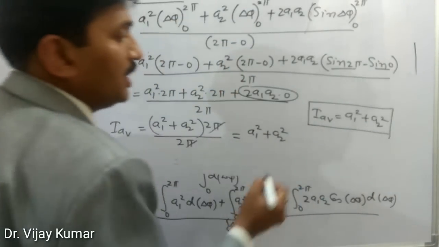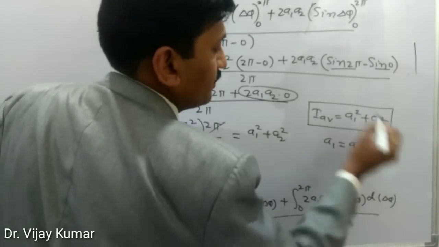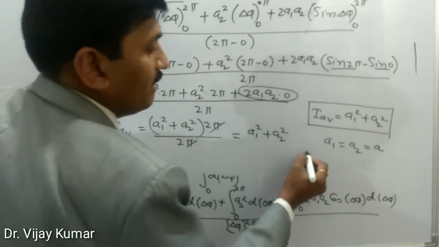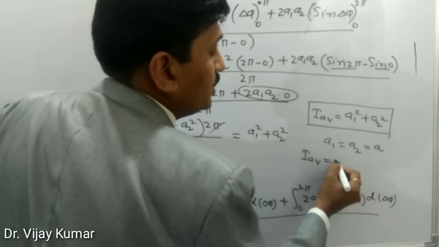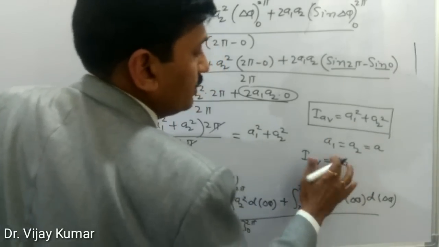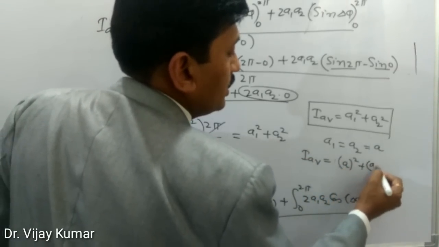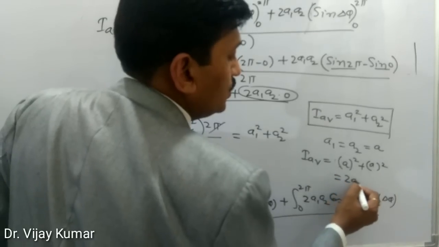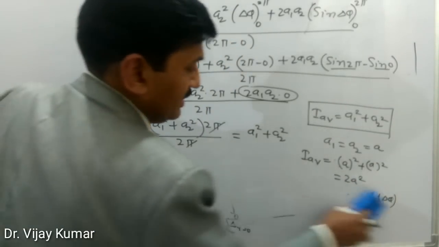Again, if the amplitudes of both interfering waves are the same, say A, then the average intensity becomes a square plus a square, which is 2a square. This is the average intensity.